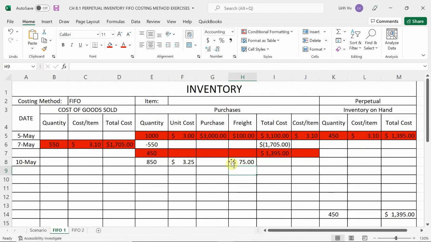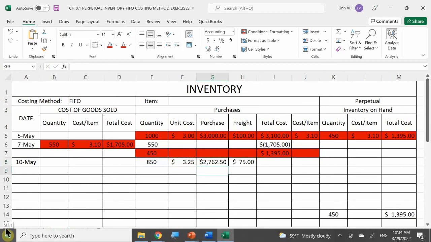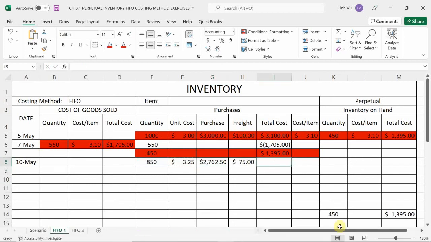What's my purchase price here? $2,762.50. Good. Plus 75 is going to give me a total cost of $2,837.50.